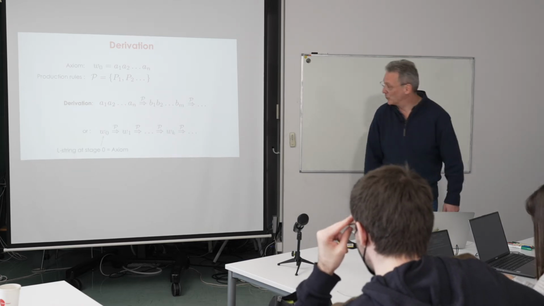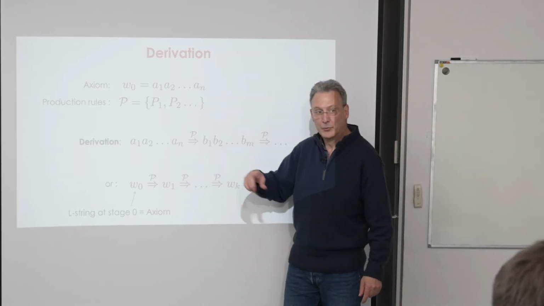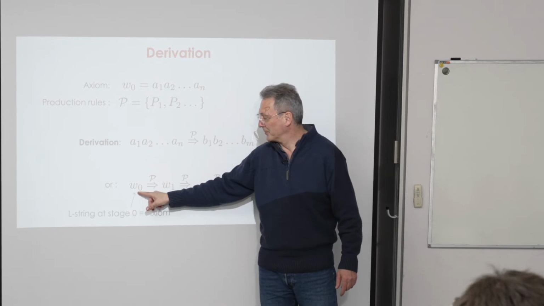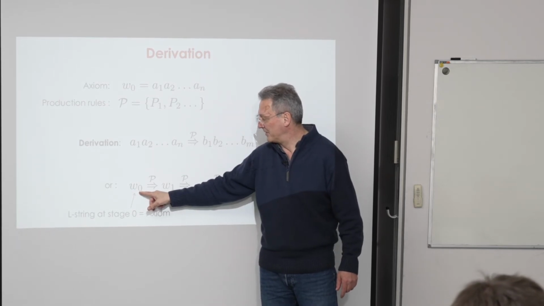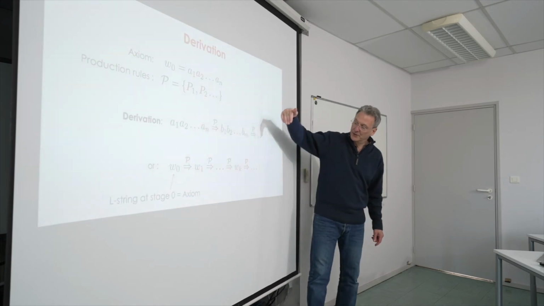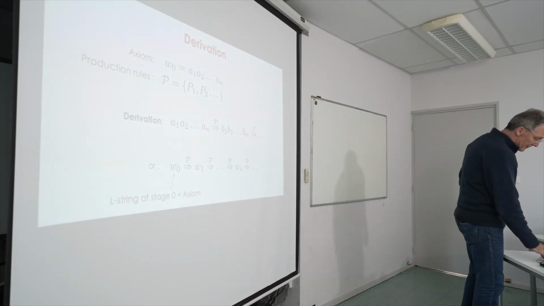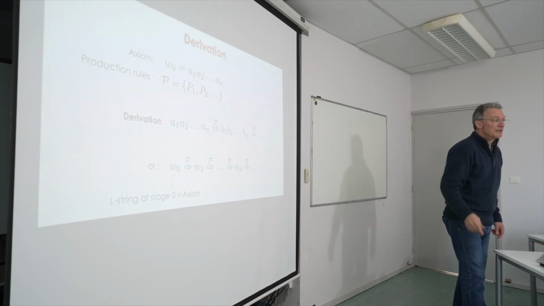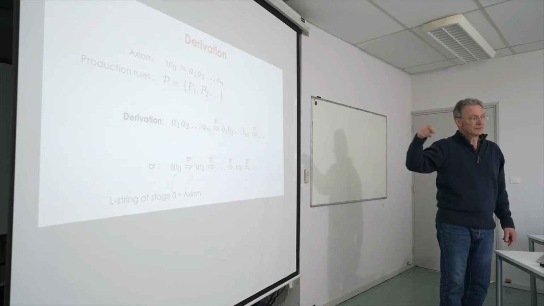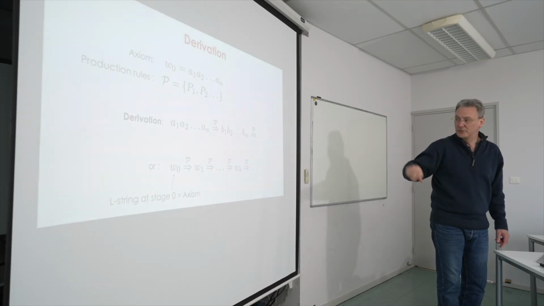One way to represent this, because you will see these different notations afterwards: this string would correspond to omega or W0, this one to W1, and then I go from one string to the other in the space of strings by applying derivation. So in a way, in the space of strings, I describe a trajectory. W0, W1.